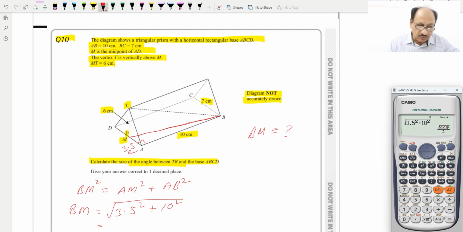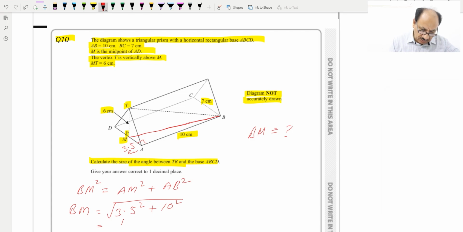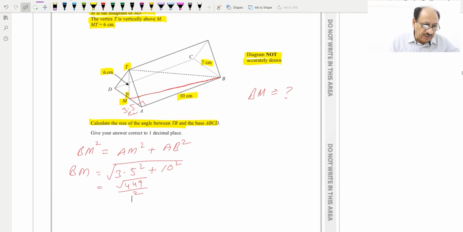This is equal to the square root of 449 divided by 2. This will be our BM.